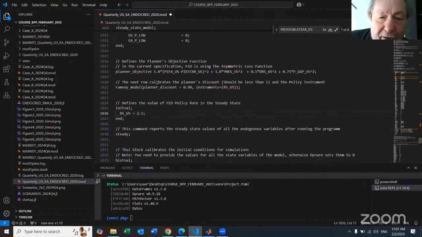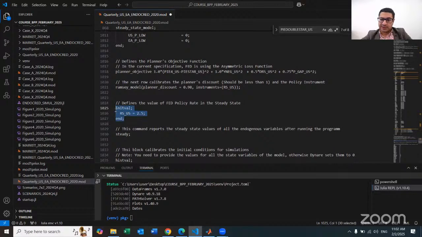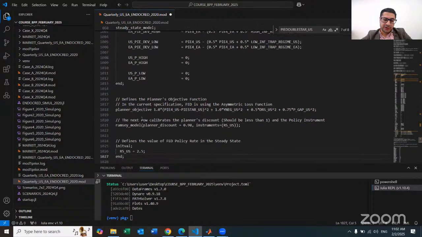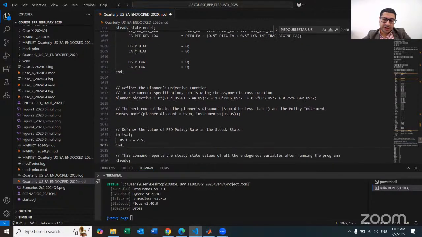Is that initval because of the Ramsey problem? Yes. It's actually a steady state. It's not the initval, but the notation is initval after the Ramsey problem. And when you put your steady state value in the steady state block, it will not work. I see.